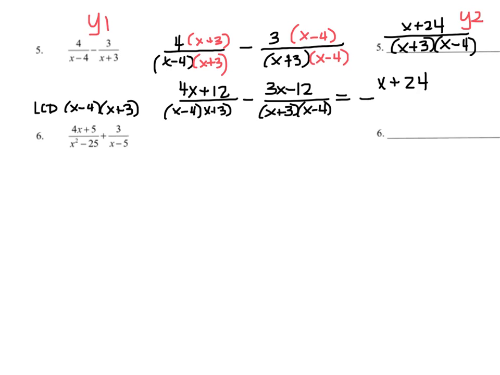Okay, in this next one, I have an LCD of x plus 5, x minus 5. This will factor to x plus 5, x minus 5. It's the difference of squares, which some of you did not pick up on. So the first fraction, the first term, is not missing anything.